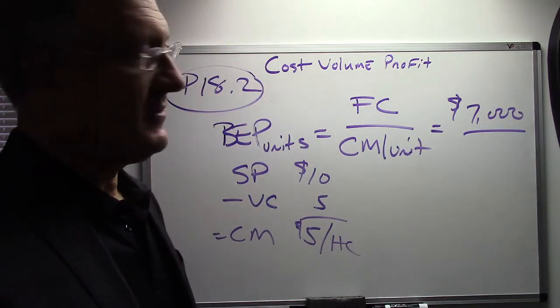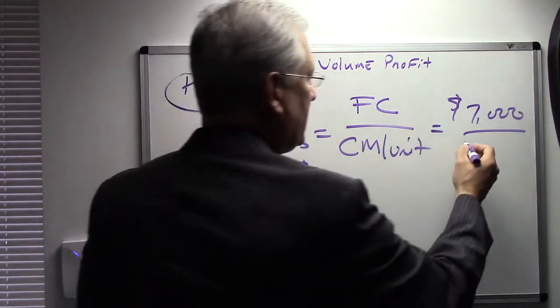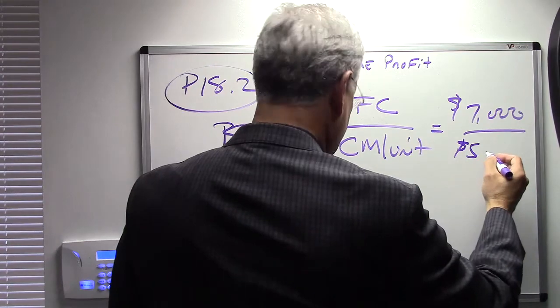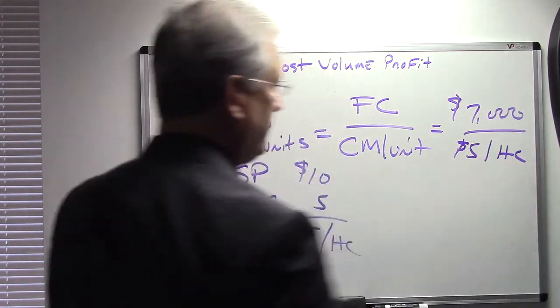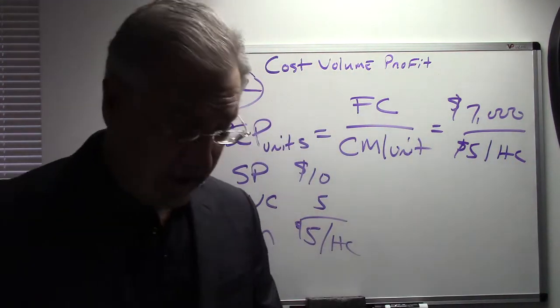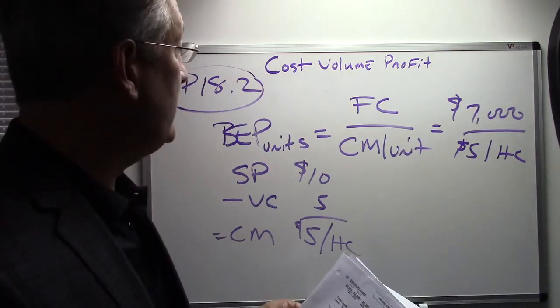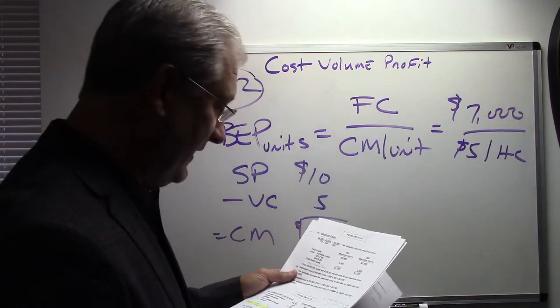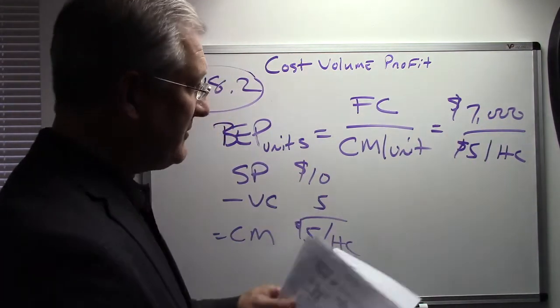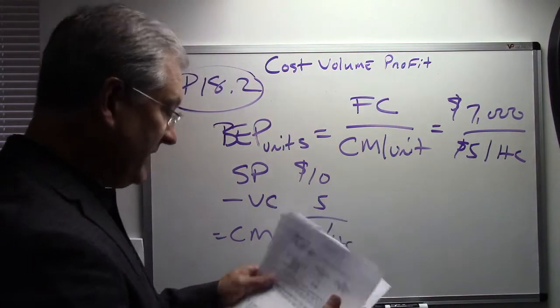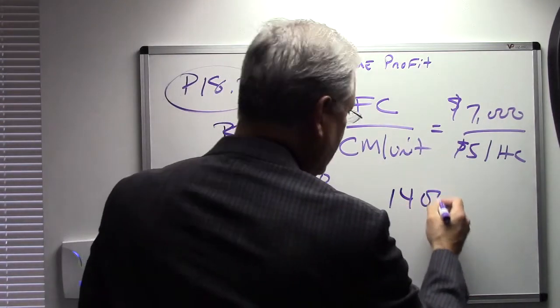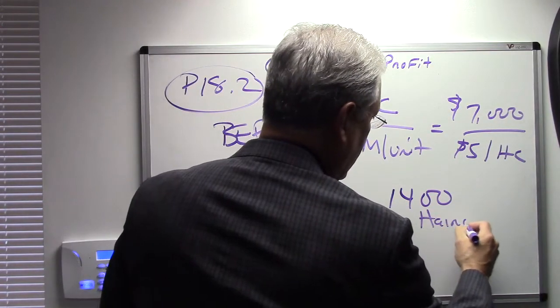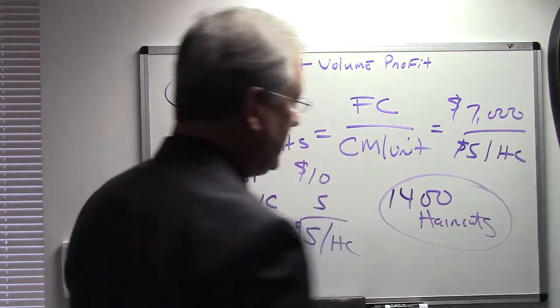Break-even point in units: $7,000 divided by $5 per haircut. So how many haircuts do they need to service to break even? It's $7,000 divided by $5. They need to service 1,400 haircuts in order to break even.